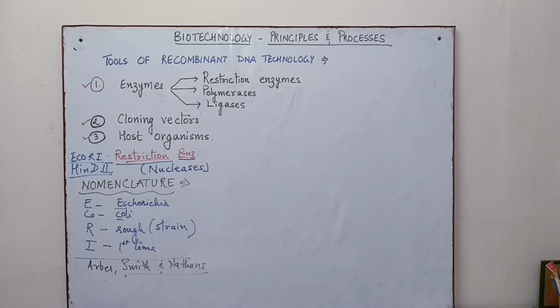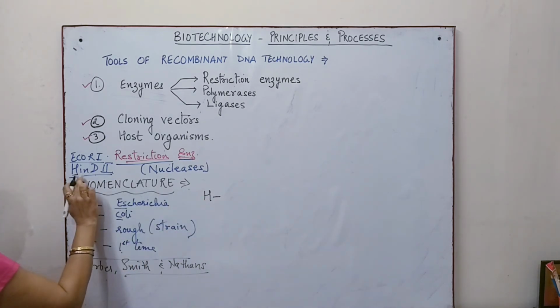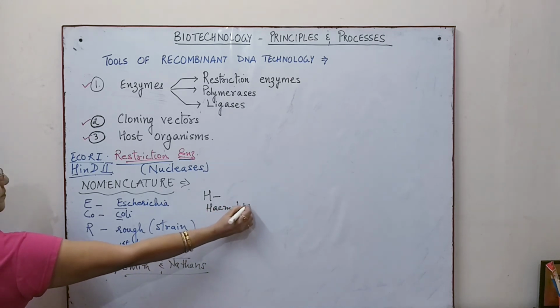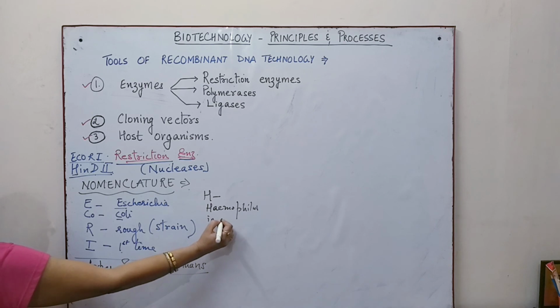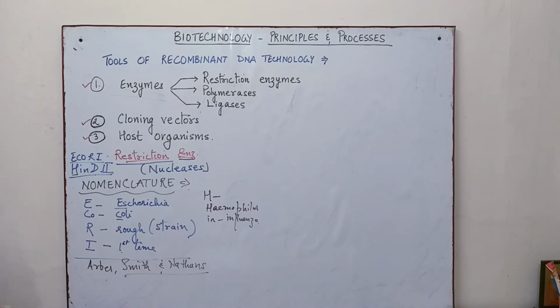Now, HindD2 is another important restriction enzyme. It is the first restriction endonuclease and uses the cofactor magnesium for its action. It was isolated from Haemophilus influenzae. So H stands for Haemophilus, I-N for influenzae, and D is the strain.